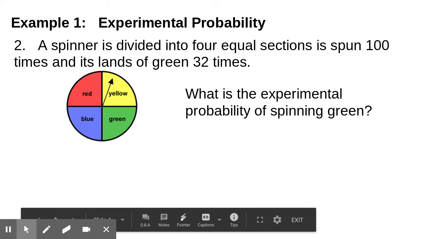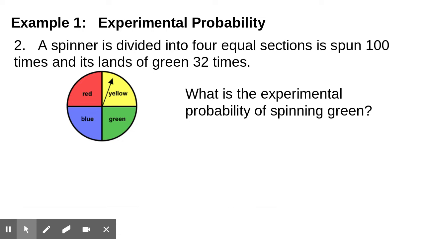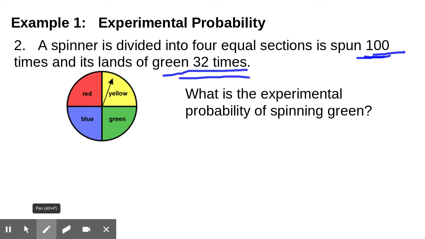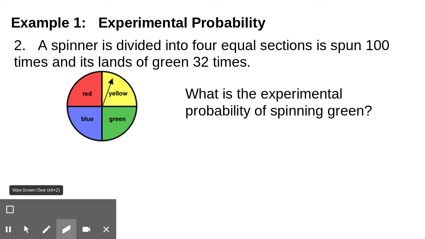So here's another example. A spinner is divided into 4 equal sections and it's spun 100 times. So it's telling me I spin it 100 times and it lands on green 32 times. Okay, so I have 4 equal sections on the spinner here and it lands on the green 32 times.